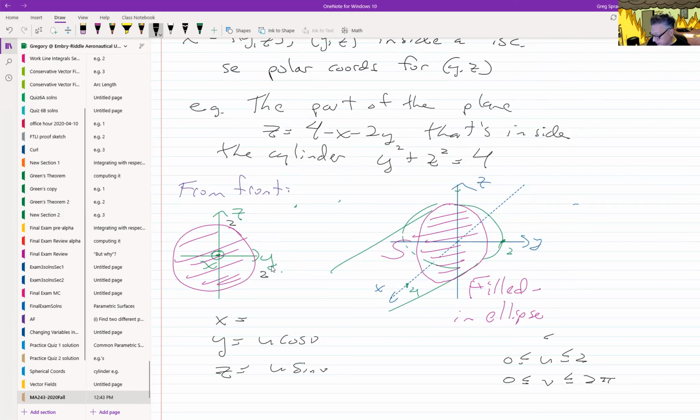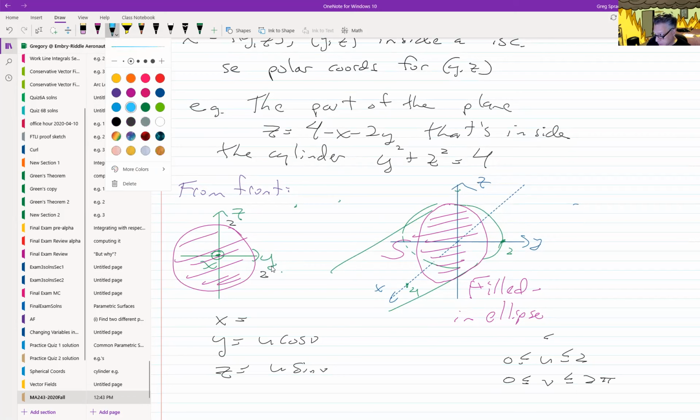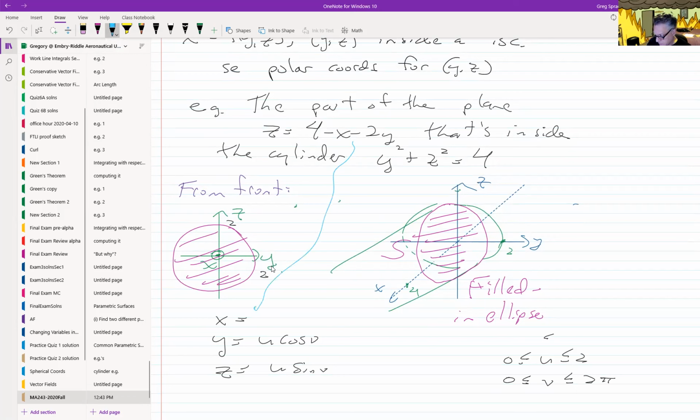Now for the x, I need to solve the plane equation for x. And when you do that, you get x equals 4 minus 2y minus z, which is 4 minus 2u cosine v minus u sine v. So now I have parametric equations.